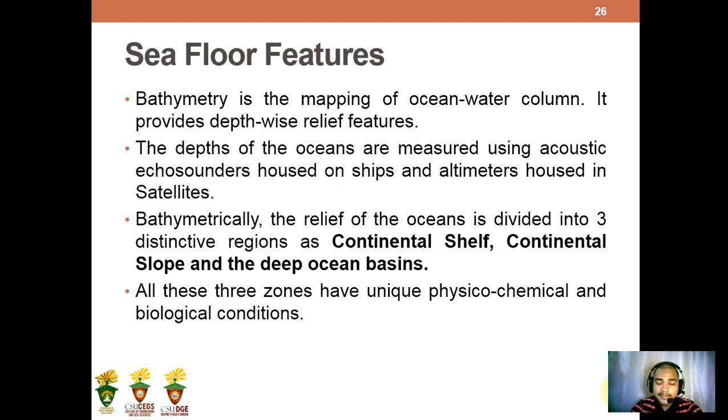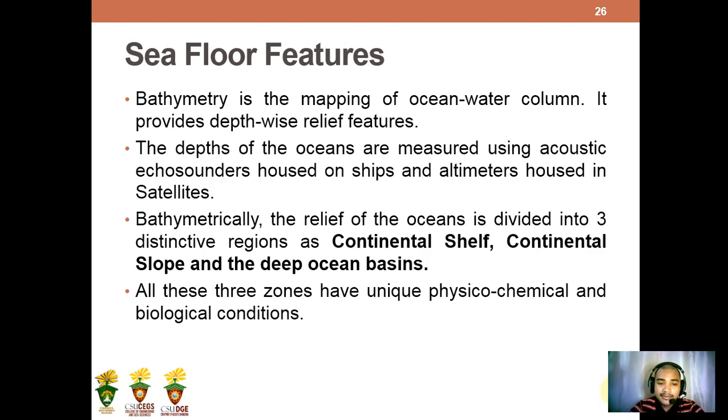The depths of the waters are measured using acoustic echo sounders, using this technology. So din na mosulod si hydrographic survey that is housed in ships and altimeters housed in satellites. We can use echo sounders using ships, and we can also use satellite altimetry.